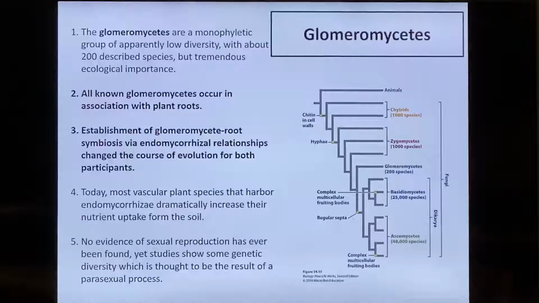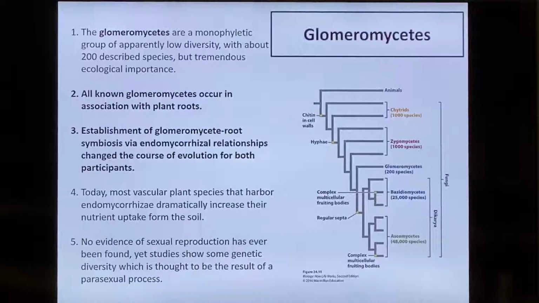Another group we're interested in is glomeromycetes. I want you to remember these because these are the ones that form mycorrhizae. So these are the groups of fungi that are really important for plant growth. Glomeromycetes grow in the soil, and when they get in close contact with the roots of plants, oftentimes the plant root will send out chemical signals that attract the glomeromycetes to grow on or into their roots.